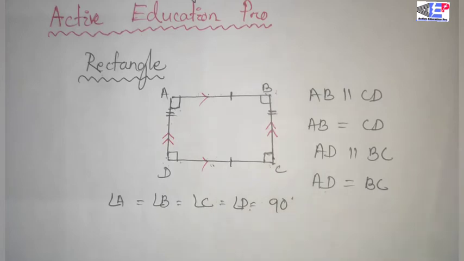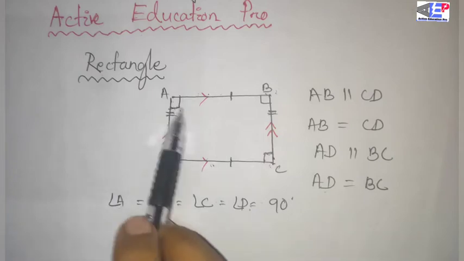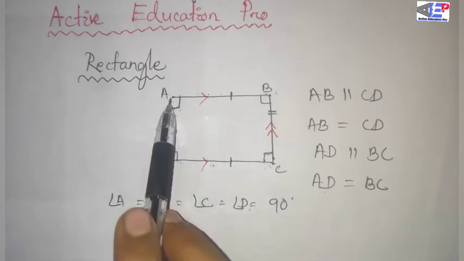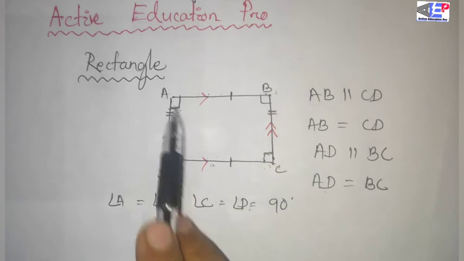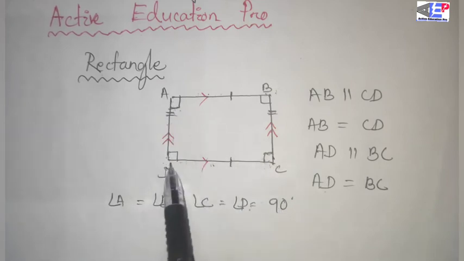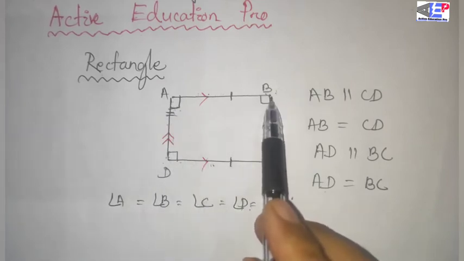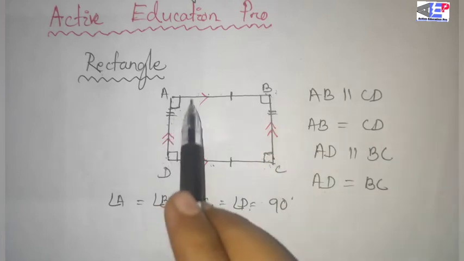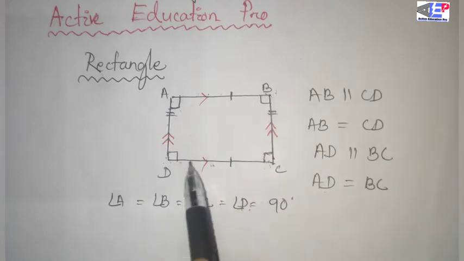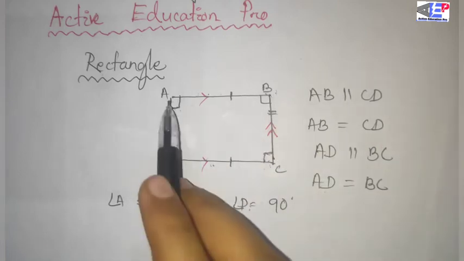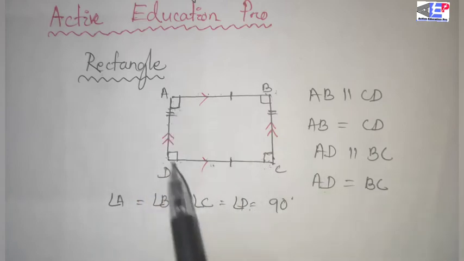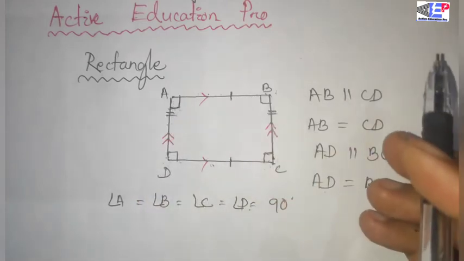And then comes its diagonal property. Here you know a diagonal is a line segment joining the opposite vertices. Here A and C are the opposite vertices and D and B are the opposite vertices. Otherwise you can say non-consecutive vertices, which are not adjacent. A and C are not adjacent vertices, and D and B are not adjacent vertices.